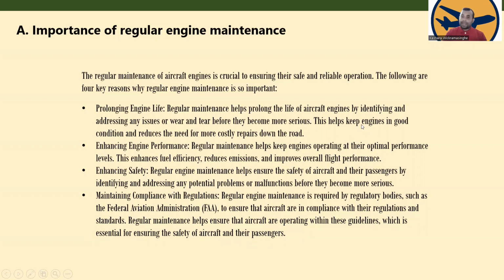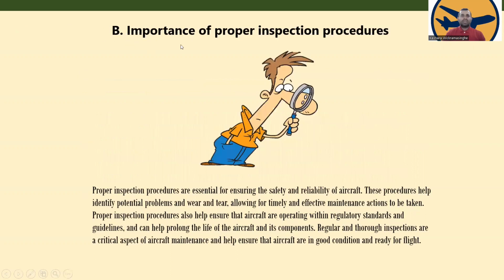Okay, now the importance of proper inspection procedures. Proper inspection procedures are essential for ensuring the safety and reliability of aircraft. These procedures help identify potential problems and wear and tear, allowing for timely and effective maintenance actions to be taken.